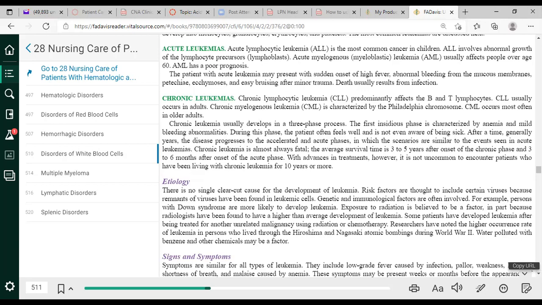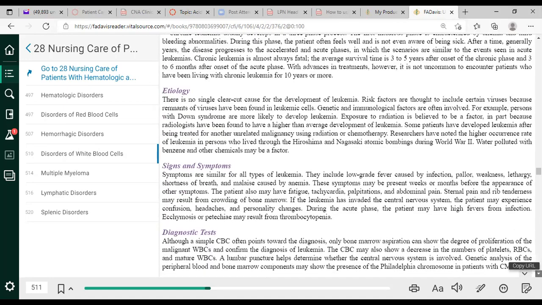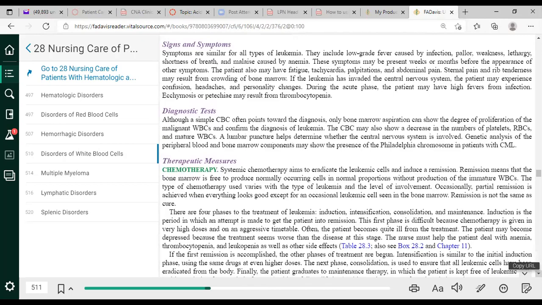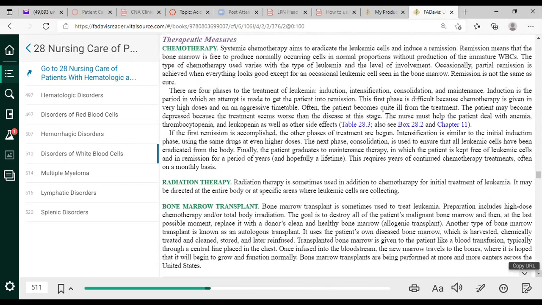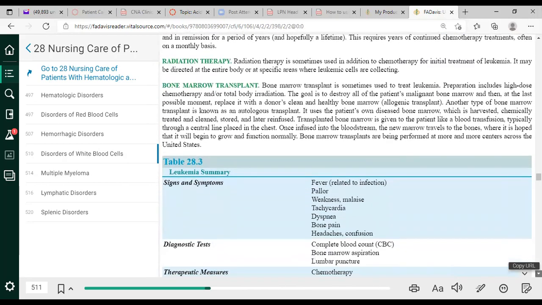Okay. And of course, with any cancer, chemotherapy, radiation, and surgery are options. With leukemia, bone marrow transplant can be an option as well. The patient may not qualify for a bone marrow transplant.